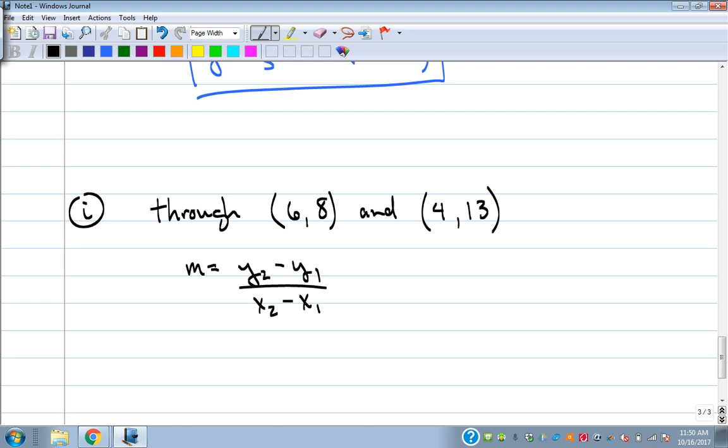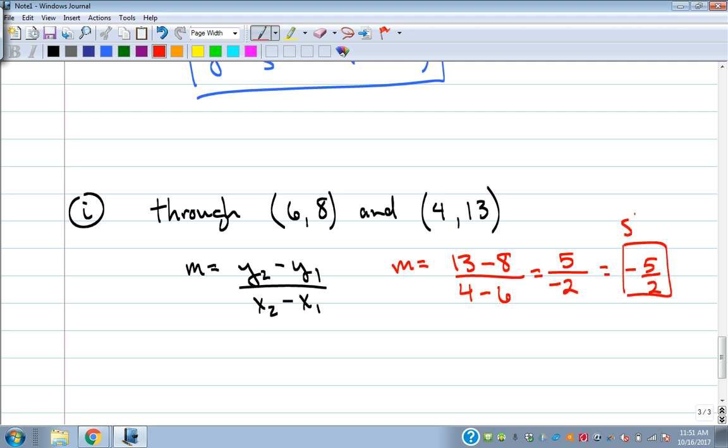So we're going to take our ordered pairs and subtract the y values on top and then subtract the x values in the same order on the bottom. So for us, I'm going to do 13 minus 8 on top and then 4 minus 6 on the bottom. 13 minus 8 would be 5. 4 minus 6 is -2. So the slope is -5/2.